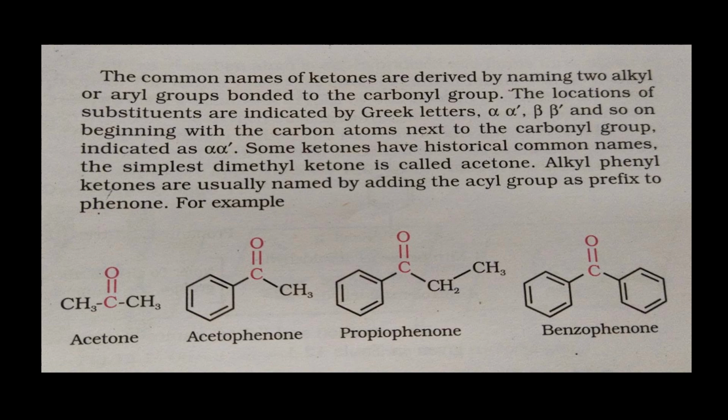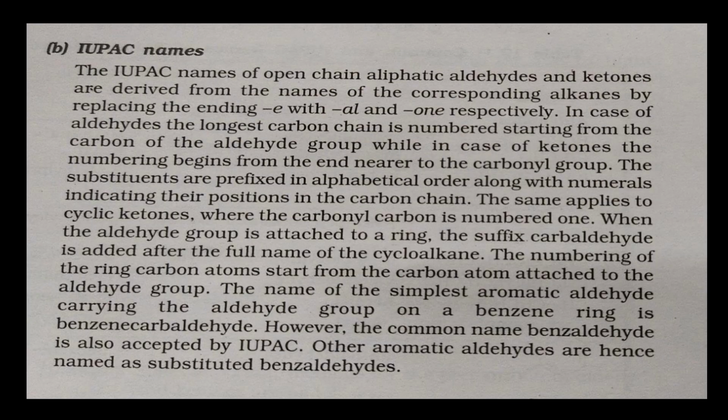The simplest dimethyl ketone is called acetone. Alkyl phenyl ketones are usually named by adding the acyl group as a prefix to phenone. For example, acetone, acetophenone, propiophenone, benzophenone.